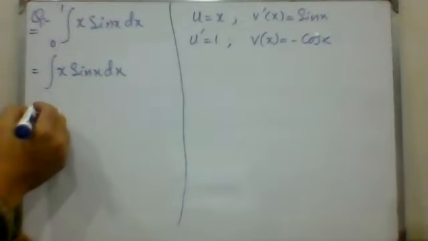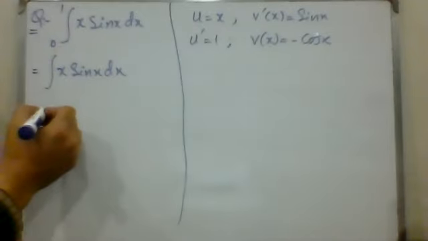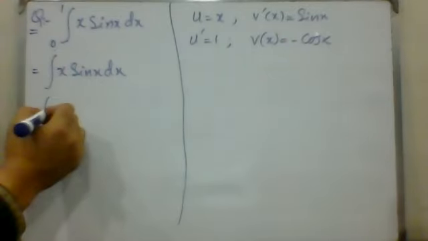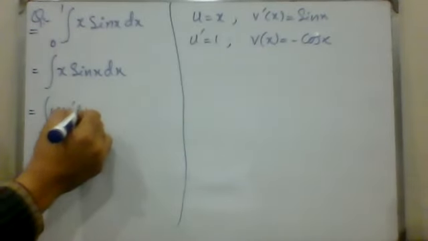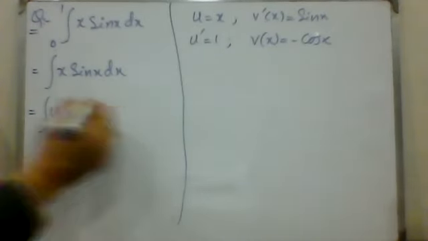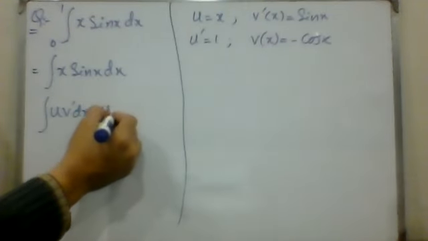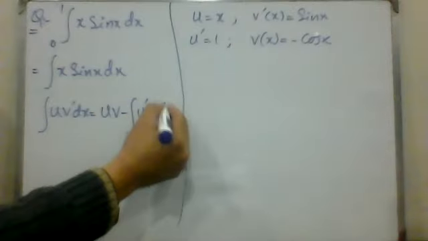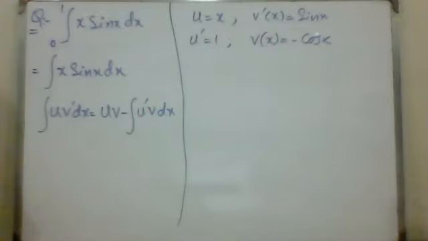So using the by parts rule, the integral of u v prime dx is equal to uv minus the integral of u prime v dx. That is the formula we have studied for the by parts rule.